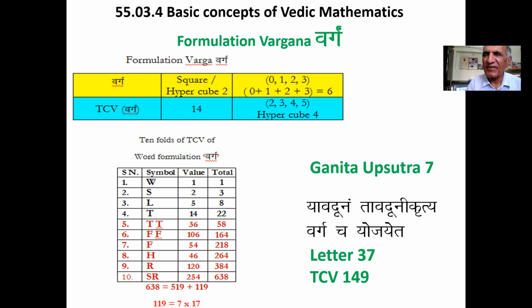Ganita Sutra 7 is the hymn which is having this text of Vargam. Therefore, the Ganita Sutra 7 from Ganita Sutra 1 to Ganita Sutra 7 is going to be the organization progression here within the text of sutras and upsutras.